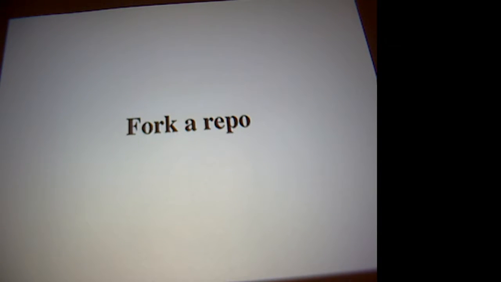Okay, so I think we're at a stage now where my slides will evolve and morph into GitHub, and we'll jump back and forth about what you need to do. But let's say you find a project on GitHub, and there are tons of them. They even have little collections. I don't remember the name of the page right now, but if you're just browsing GitHub, they have specific collections.